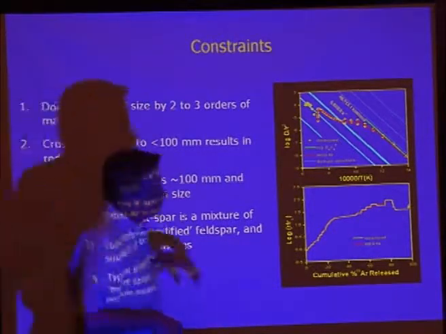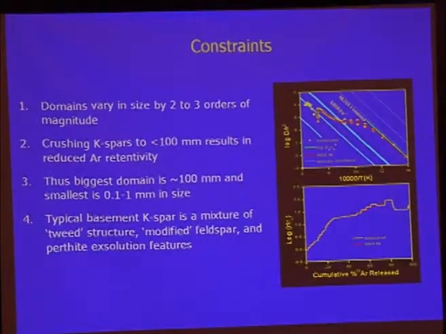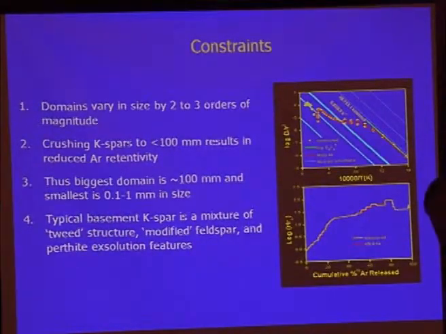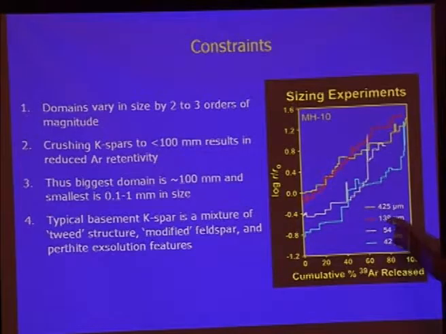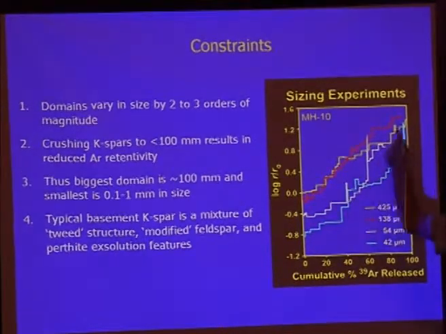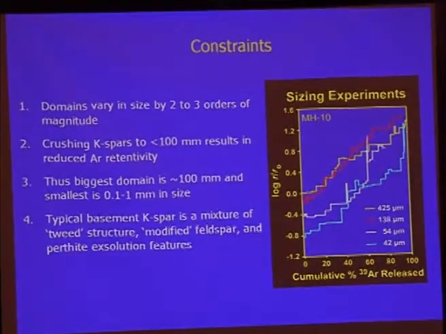When we crush these feldspars in this fashion I mentioned to you earlier, and we've done this for a variety of minerals now, what we find is, and here's an R-R0 plot, here's the uncrushed material, the original sample shown in yellow here. We reduce the size of the feldspar aggregate from 0.5 millimeter to 138 microns, and we in fact don't change the Arrhenius behavior.